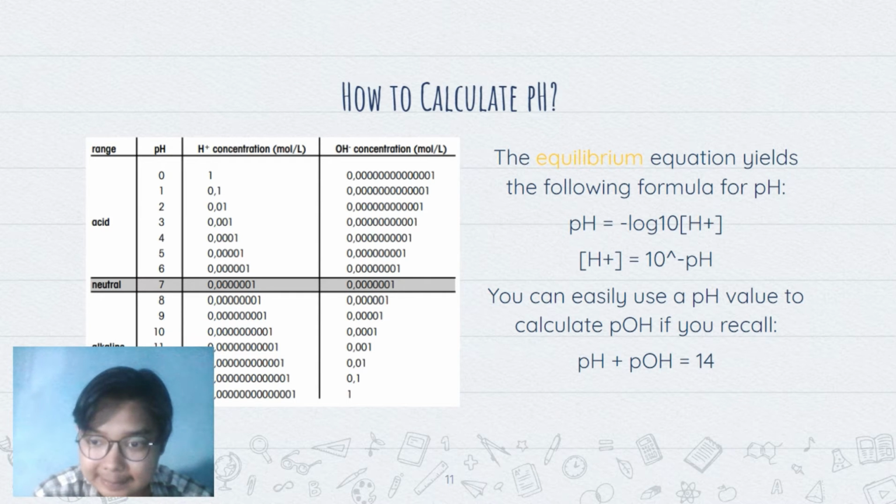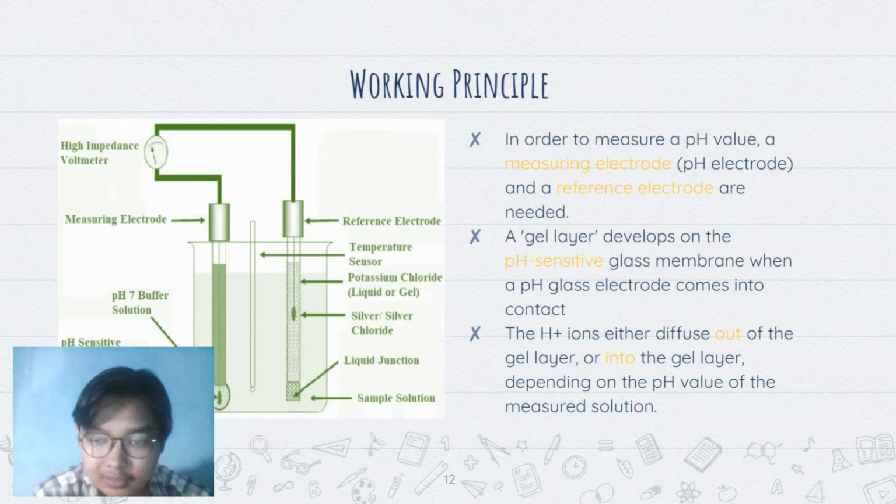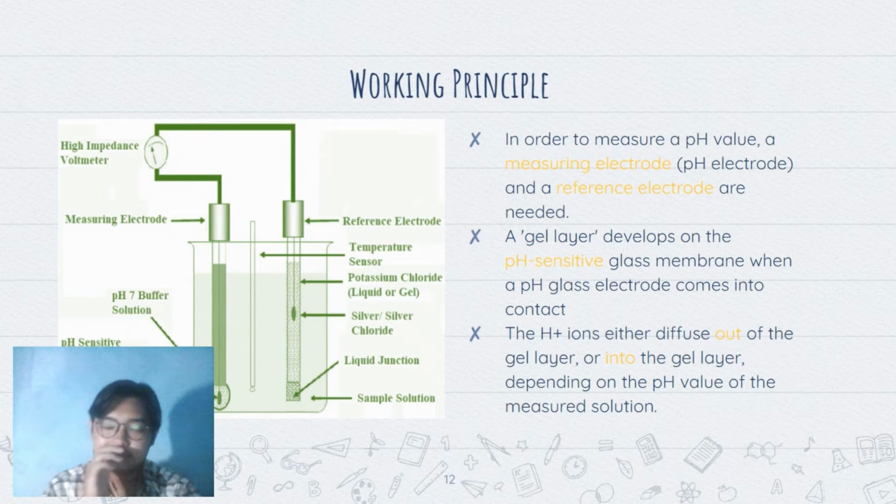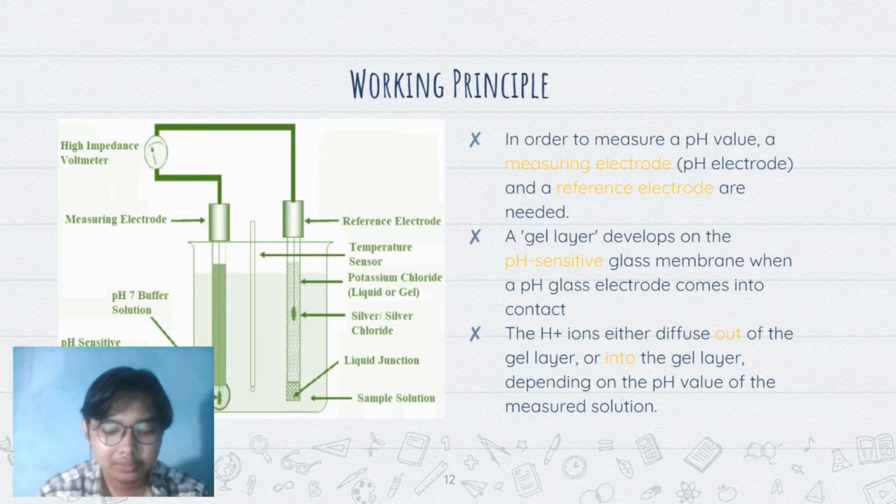Next slide. After we know what pH is and how it is calculated, now we will talk about the working principle of the pH transmitter, how pH is actually measured using a pH transmitter.